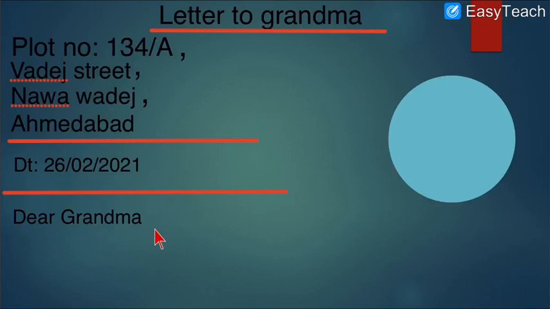Now you have to start writing the main message from the next line. But now don't leave the line. From very next line you can start writing the main message which we are going to write on this page. Now you have to think about what is the topic.